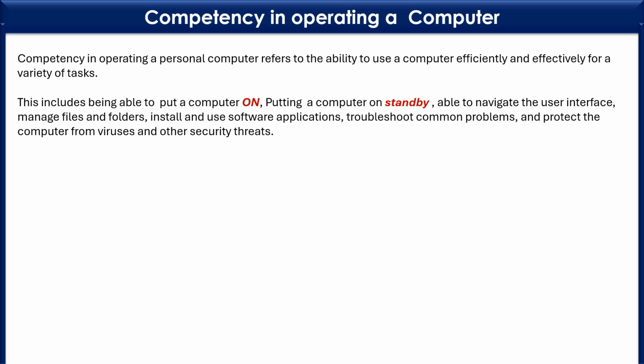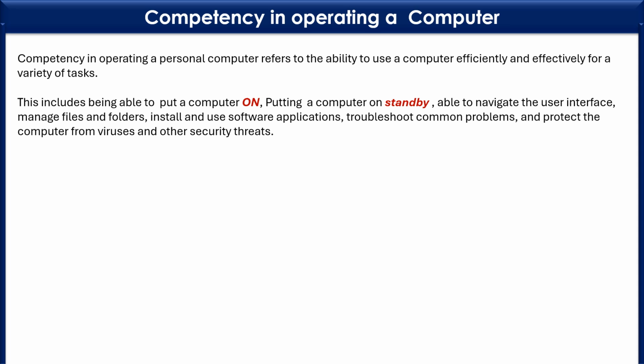And then let's quickly go through the competency in operating a computer, that is how to perform certain tasks when you are working on your PC. Competency is simply the ability to use a computer efficiently and effectively for a variety of tasks.